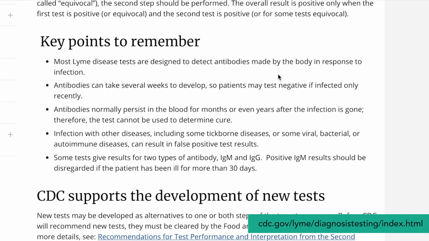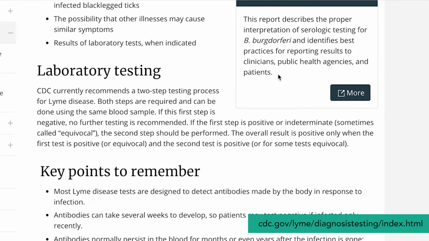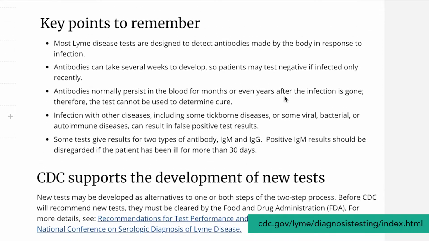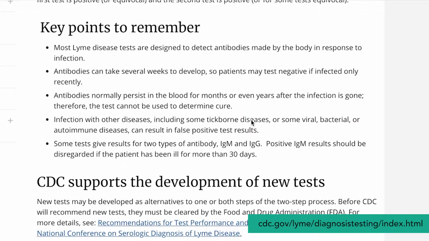Okay, so as you can see, there's some serious problems with testing. If we're only testing for the antibodies, then basically anybody can have these antibodies in their body as long as they have some kind of infection, some kind of tick-borne disease, viral, bacterial, that covers pretty much everything, or autoimmune diseases, right? I mean, this is just kind of a joke.